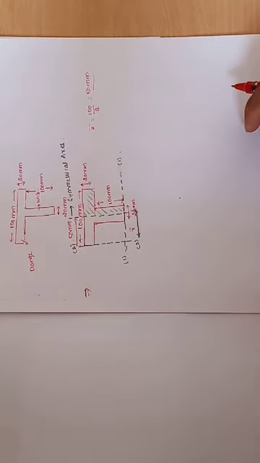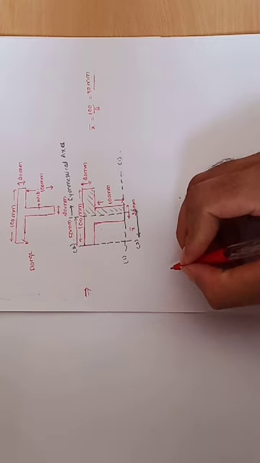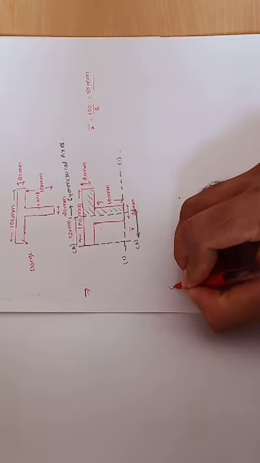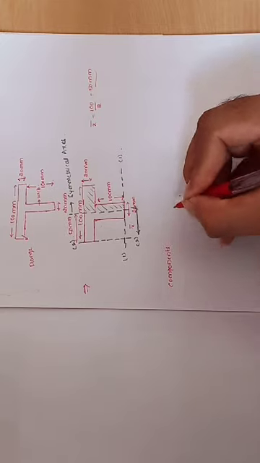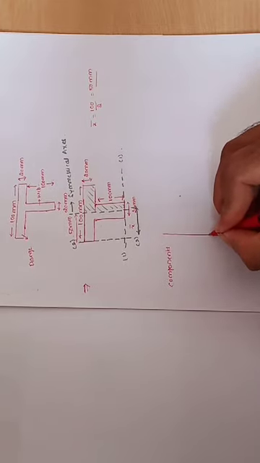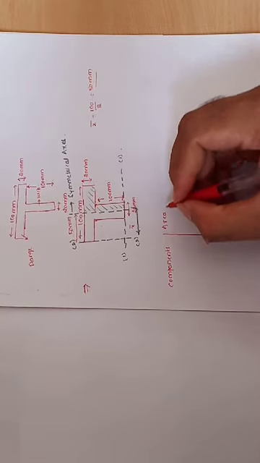So for that, what am I supposed to do? I am supposed to draw the tabulation. The first column will be the components, and the second will be the area of the corresponding component.